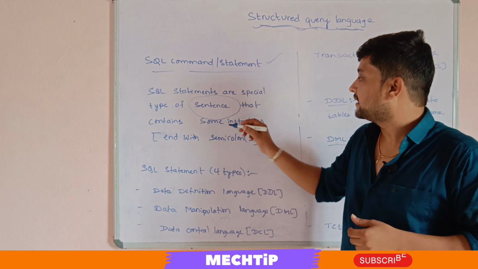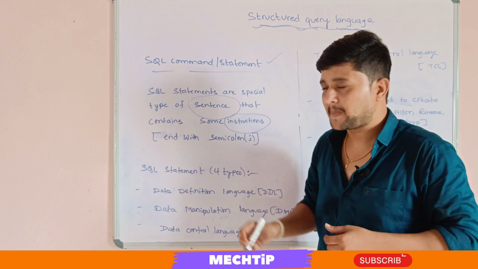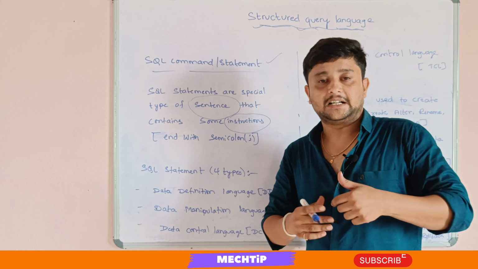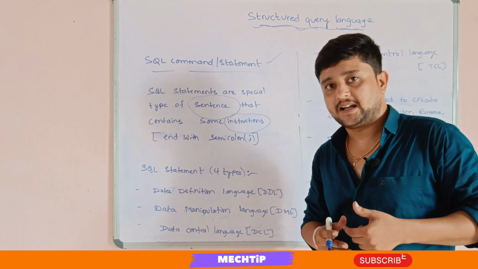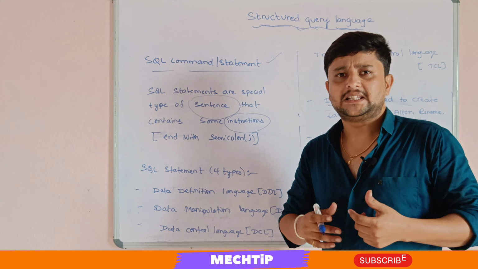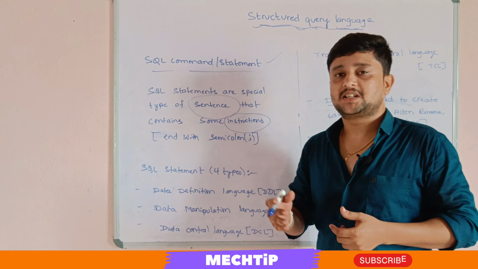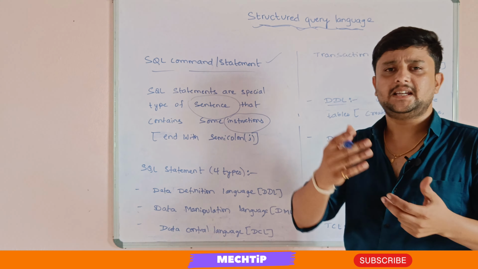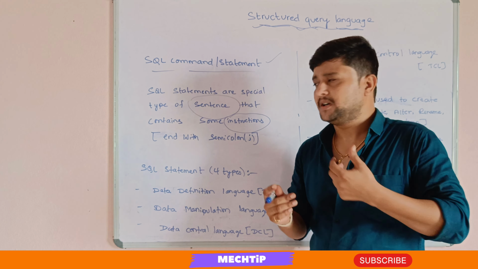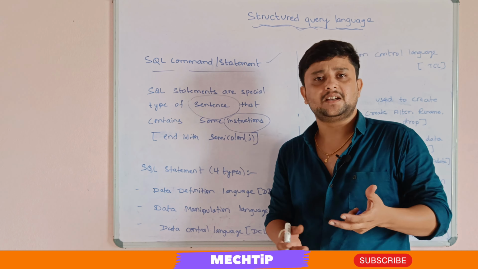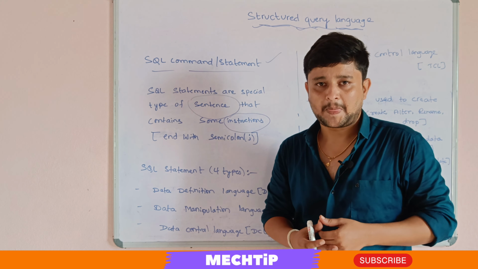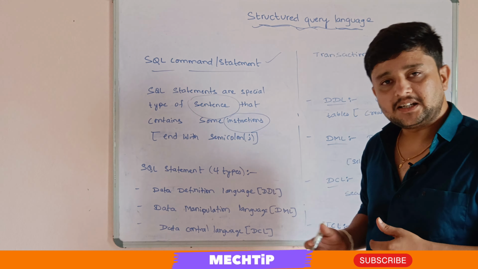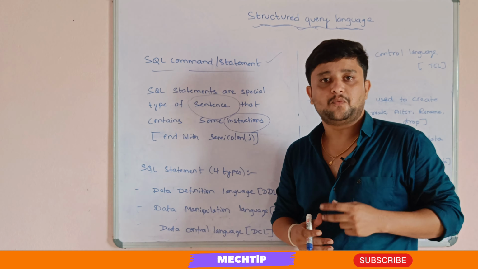Those sentences contain instructions, for example retrieving of data, creating of data, managing of data. These kinds of instructions come in SQL statements. An SQL statement is nothing but a special type of sentence that includes instructions to create programs. The SQL statements are mainly divided into 4 types.